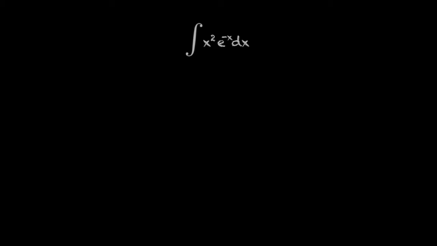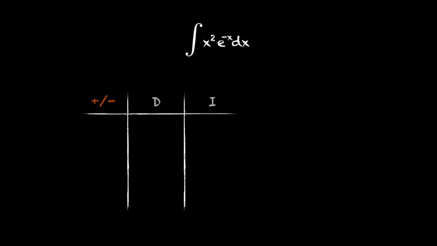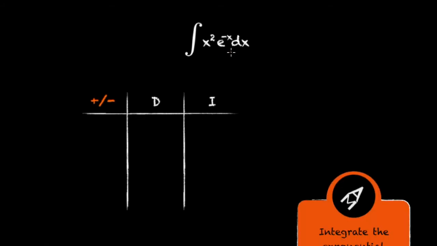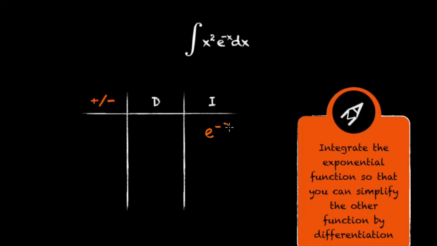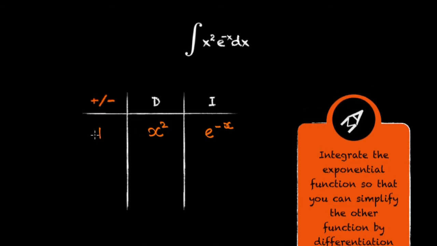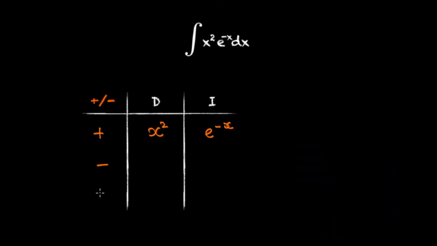Our second example is the integral of x squared times e to the minus x. So for this integral, let's integrate e to the minus x, and let's differentiate x squared. And we have our pluses and minuses on the left. So the derivative of x squared is 2x, and the integral of e to the minus x is minus e to the minus x.